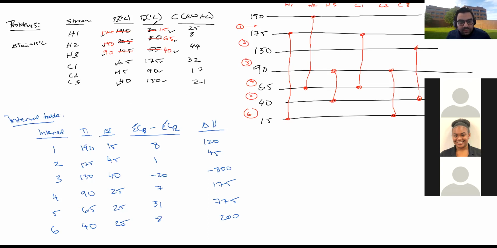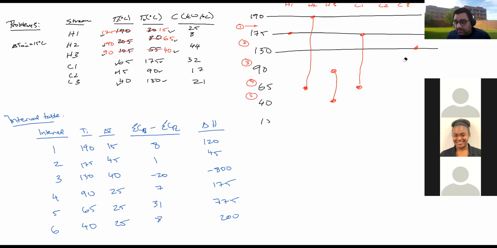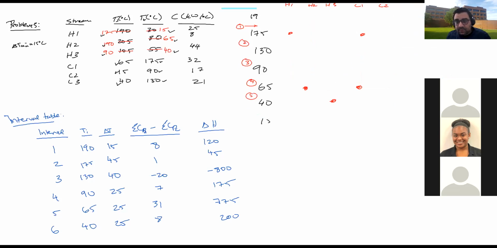Once we get to the interval table, now is the time to draw the cascade diagram. I'm going to erase this figure and start drawing. Again, the first step in drawing the cascade diagram is to draw a number of boxes equal to the number of intervals.